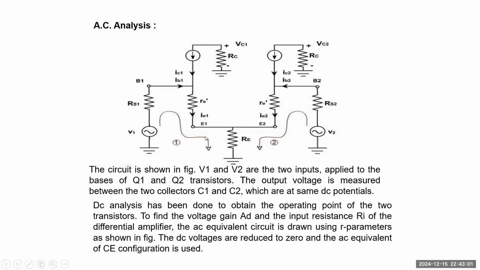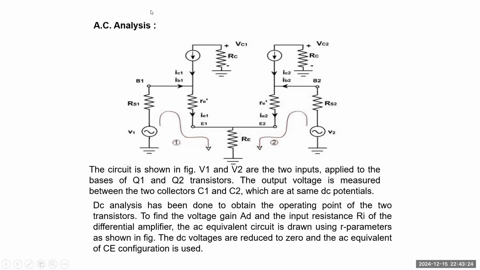And while performing the AC analysis, we are making all the DC sources equal to 0. That's why the resistances RC, which are connected to plus VCC, are grounded. Similarly, we are not going to see any VEE source. RE resistance is directly connected to ground.